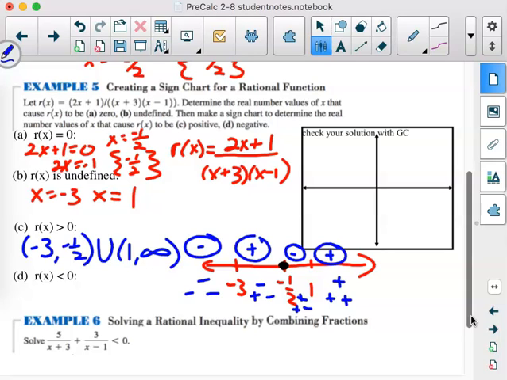There's our positives. And then where is r of x going to be less than 0? Well, that's where it's negative. So that's from negative infinity up to our asymptote at x equals negative 3, and then from negative 1/2 to 1. And we have our negatives in there.